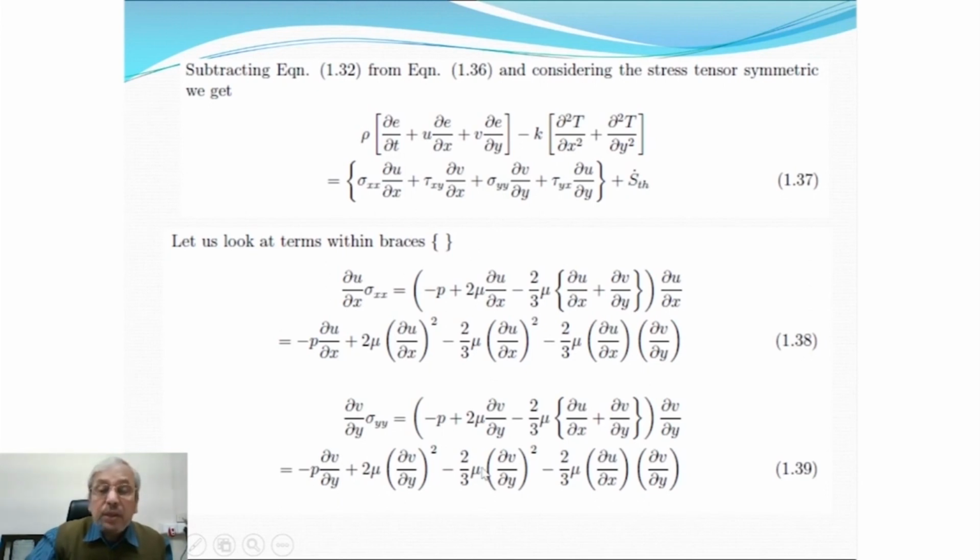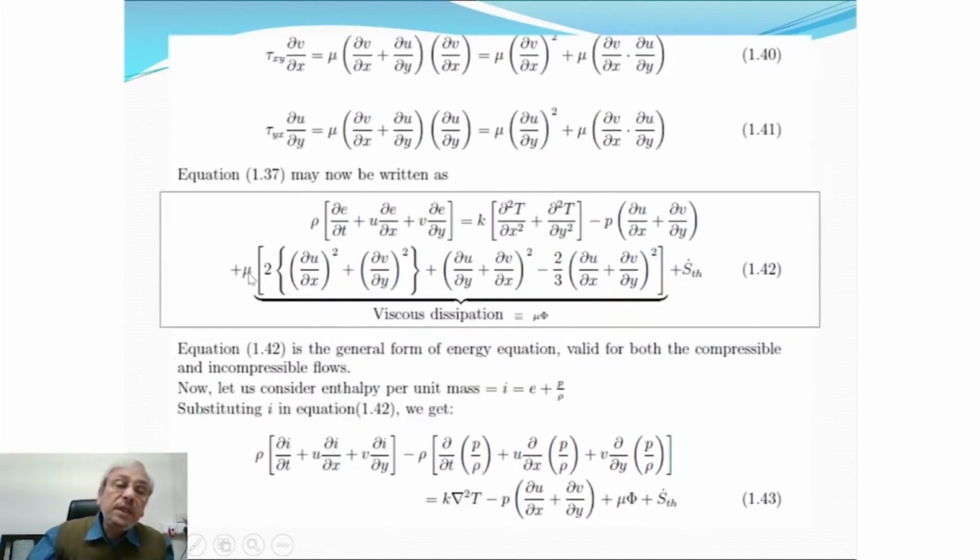All other terms have viscosity as a multiplication factor. So we put them together. We can write mu into twice del u del x square plus del v del y square, plus del u del y plus del v del x whole square, minus 2/3 del u del x plus del v del y square.